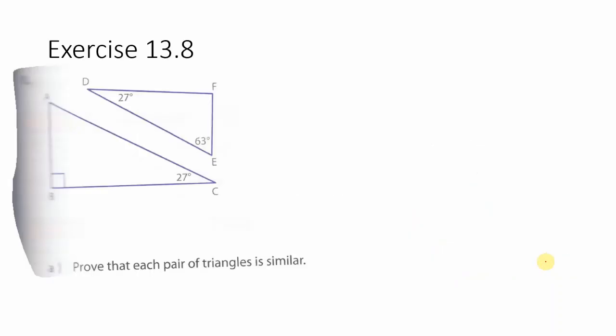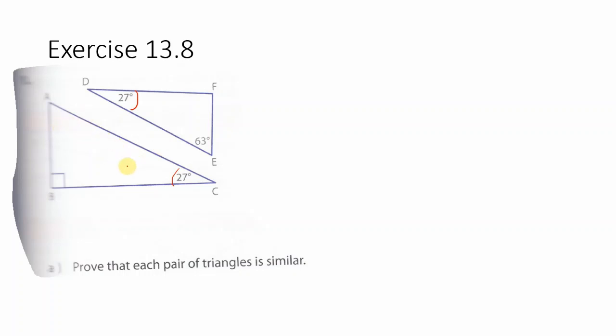So with this knowledge, let's illustrate this by tackling exercise 13.8, the first number, and for A we have to prove that each pair of triangles is similar. So we can see we already have a matching angle here, 27 degrees.